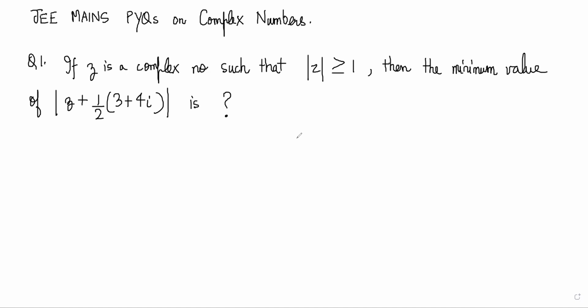Why are you saying 3 by 2? So using that triangle inequality, mod of z1 minus z2 is less than or equal to mod of z1 plus z2. This one.